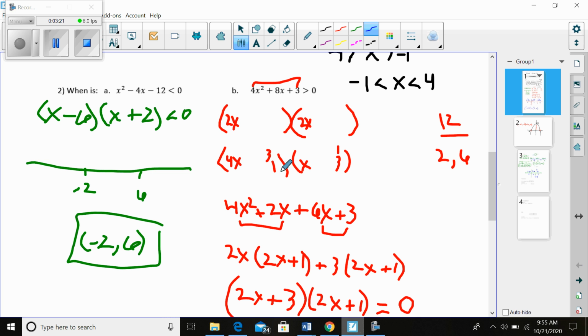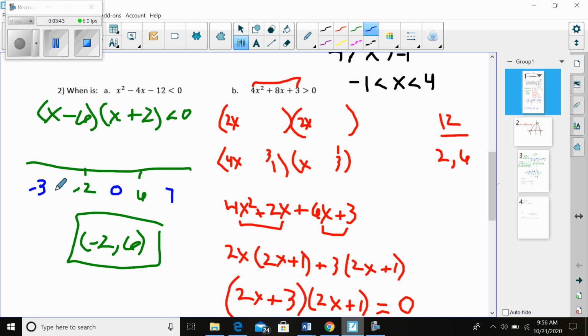Okay, so for this one, we want to pick a value between -2 and 6, so I'm going to pick 0. I love 0, so easy to plug in. Value greater than 6, so let's pick 7. Value less than -2, so I'm going to do -3.